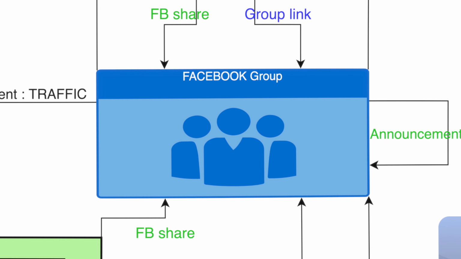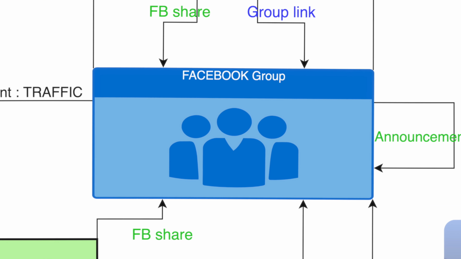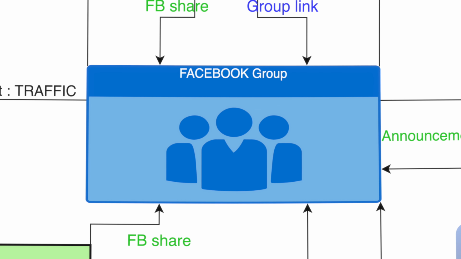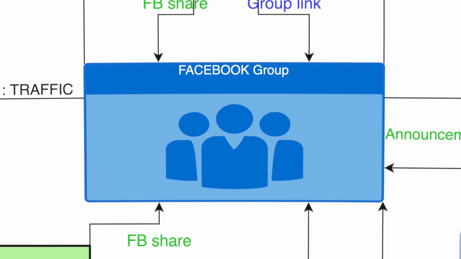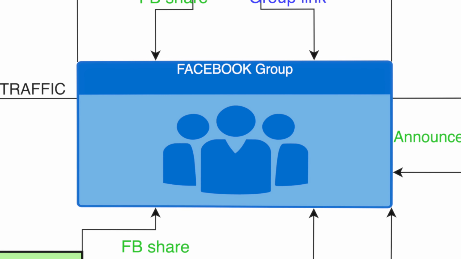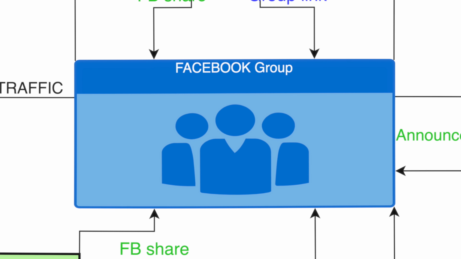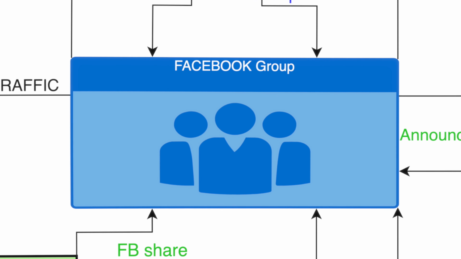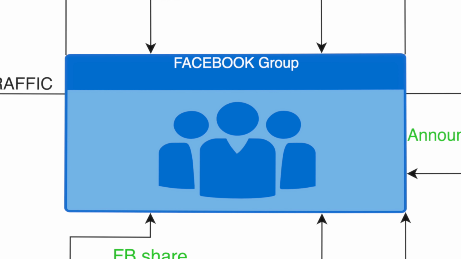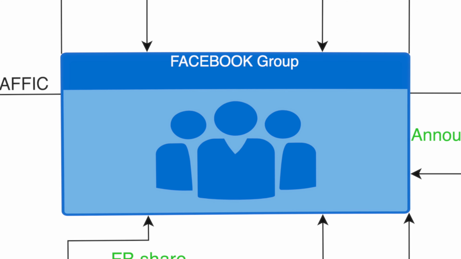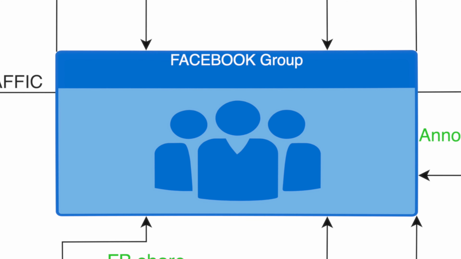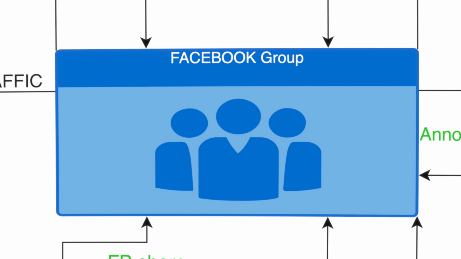The Facebook group is the center of this graph, of this system. You just open a Facebook group with your personal Facebook account, and it will be a group allowing all members to post their links to their online business. That's what you will offer them: free and quality traffic.